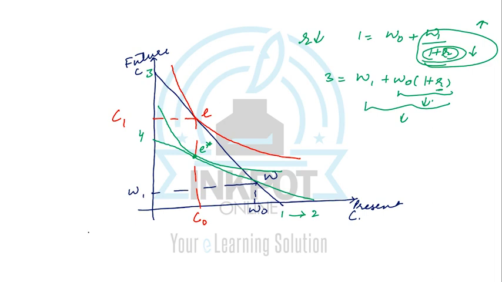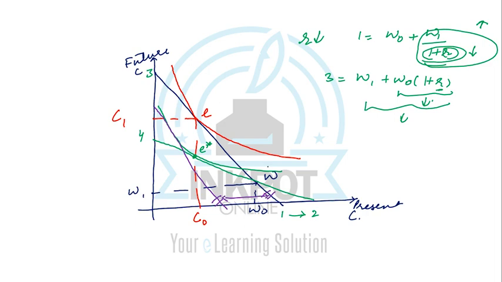Just to prove the distortion, let's suppose there was a possibility of a lump sum tax. A lump sum tax will shift this blue line parallelly inward. When we shift the blue line parallelly inward, we call this line the lump sum tax line. What is this lump sum tax line doing?